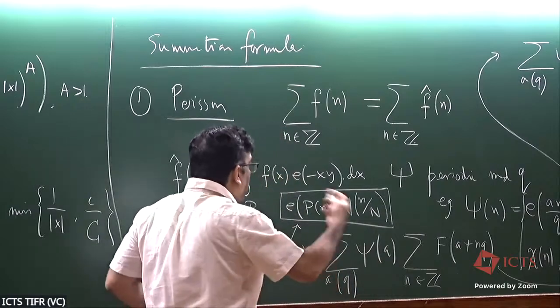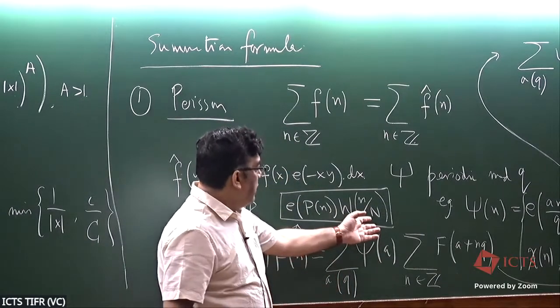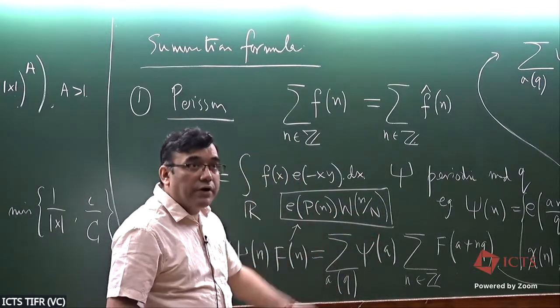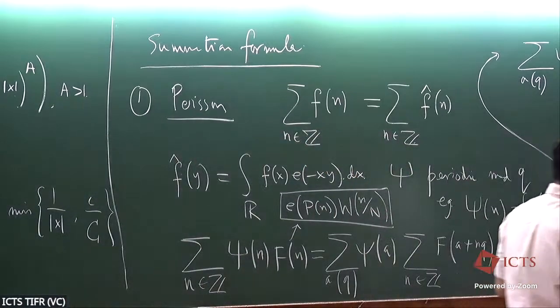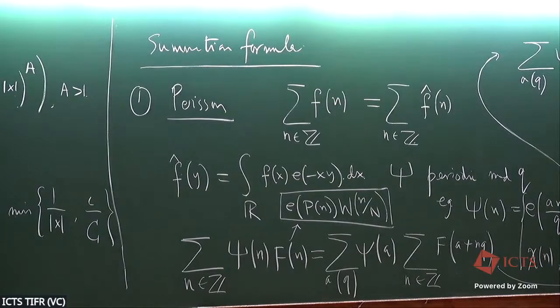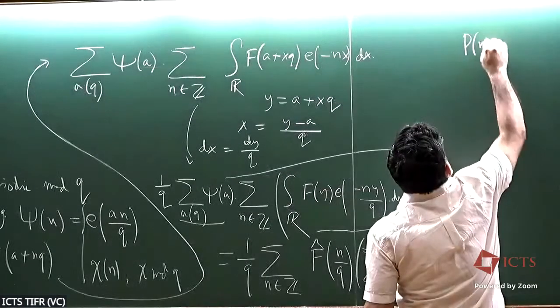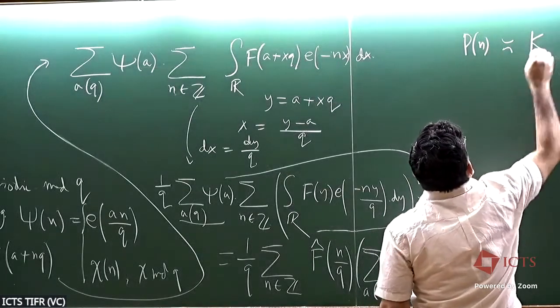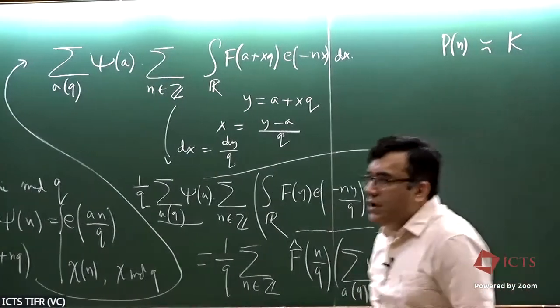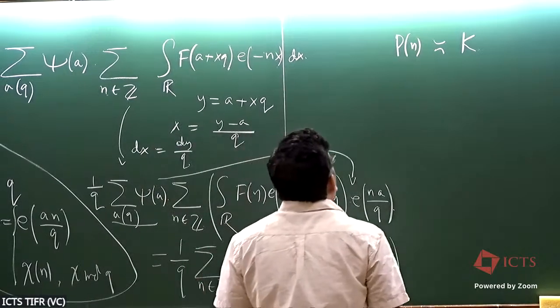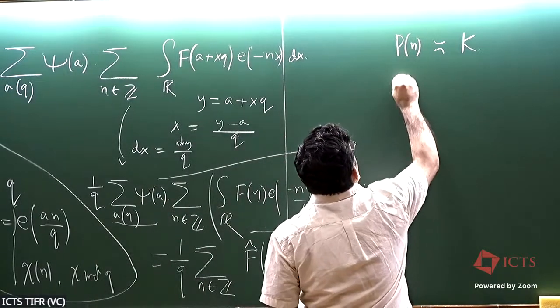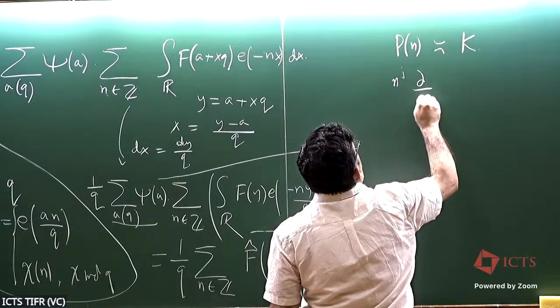It's not really a bump function, but it's a bump function times some oscillating function, right? And suppose that P(n) is of size, say, K. So P(n) is oscillating at scale K. That means all the derivatives are of size K if you normalize it, so it means it's taken to the power j.